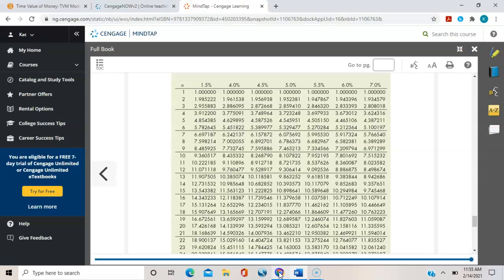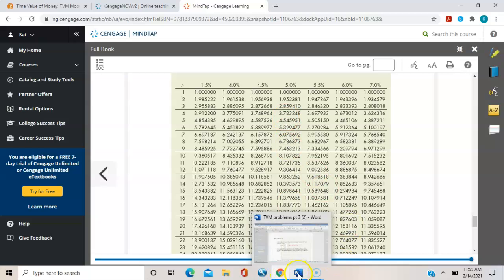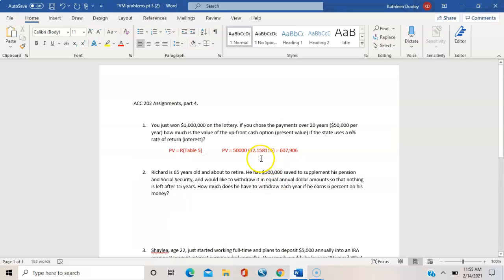Okay, and then let's just double check that I have the correct factor, 12.158. Yeah, okay. All right.